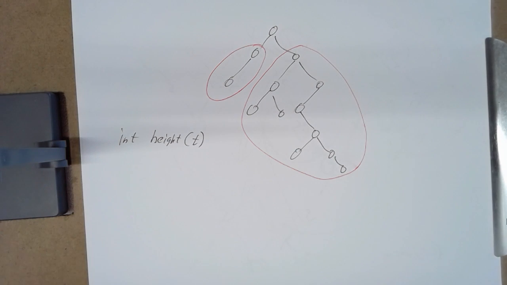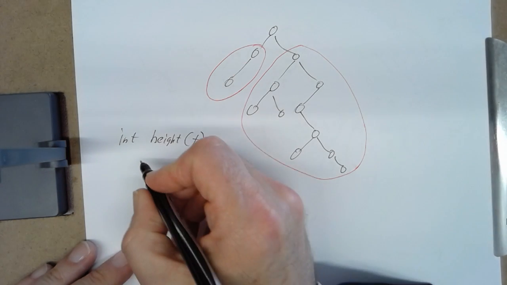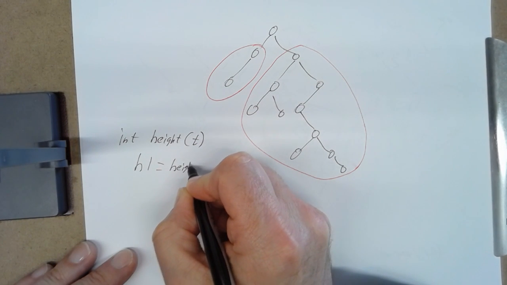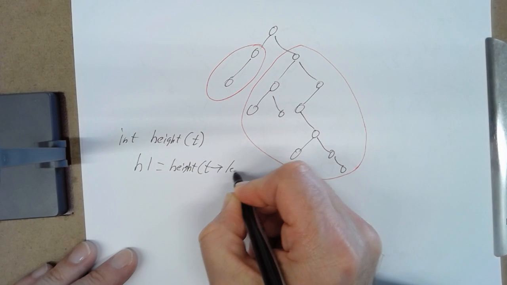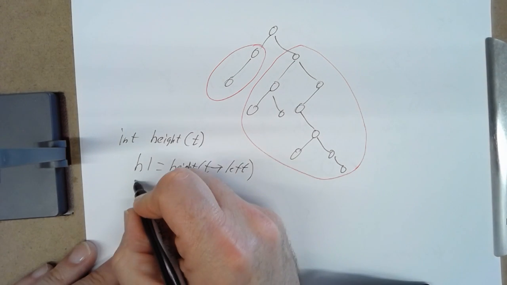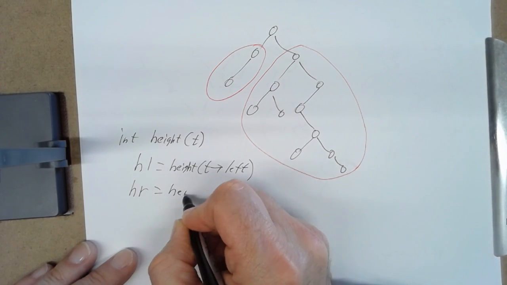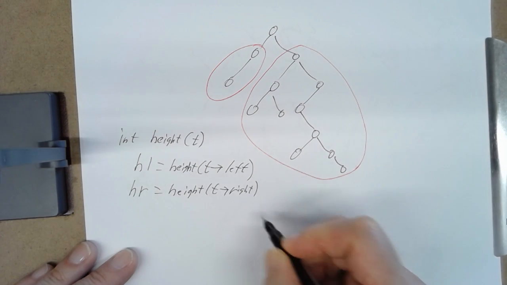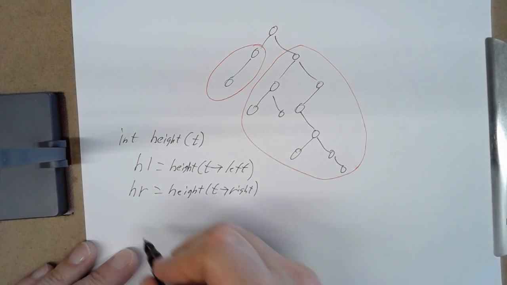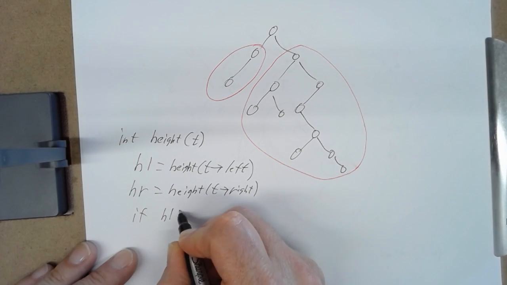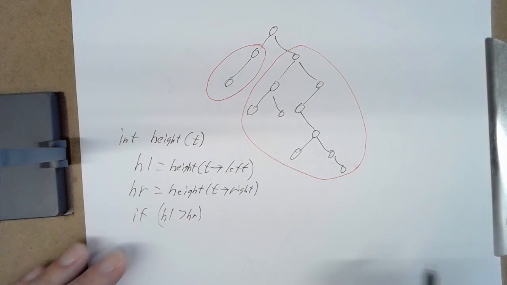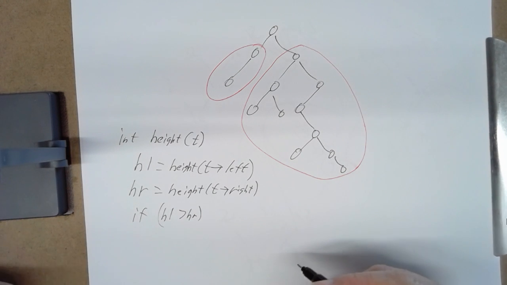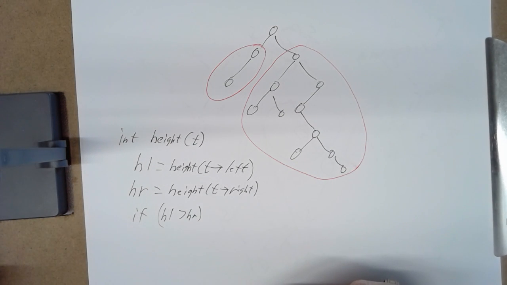So the height of the entire tree can be found as follows. Find the height of the left subtree. Find the height of the right subtree. If the height of the left subtree is greater, then the height of the entire tree will be the height of that subtree plus 1.